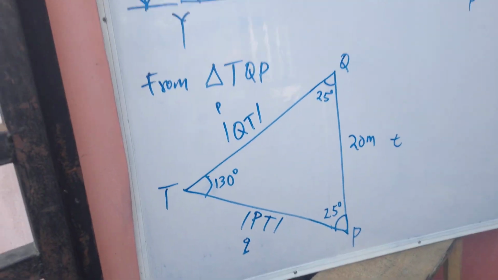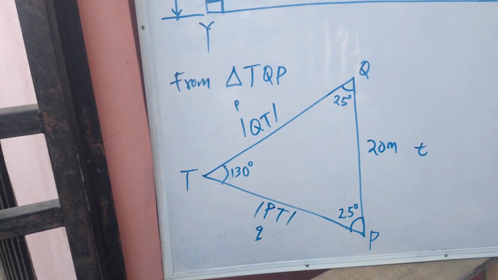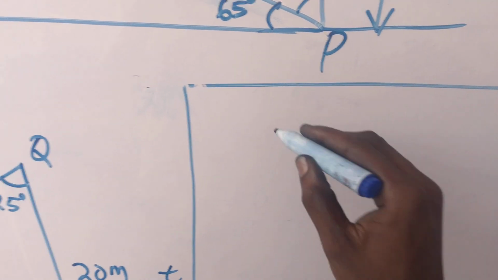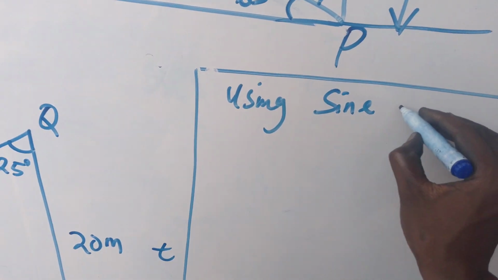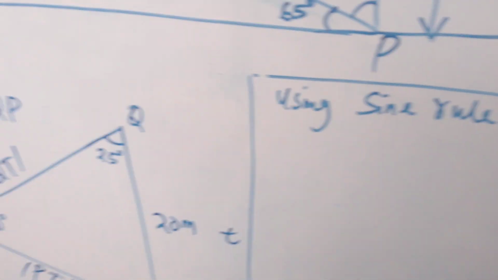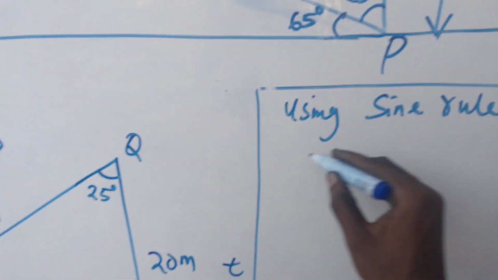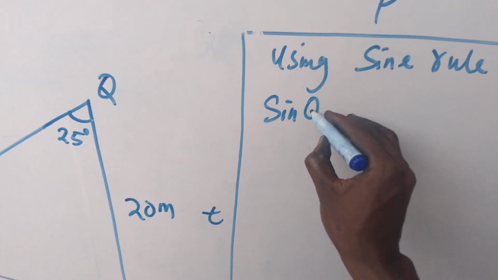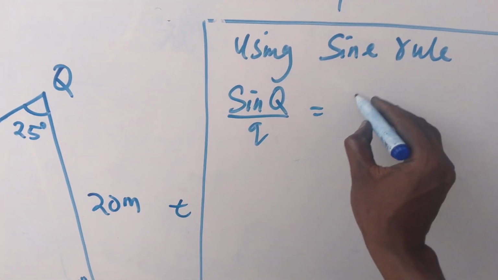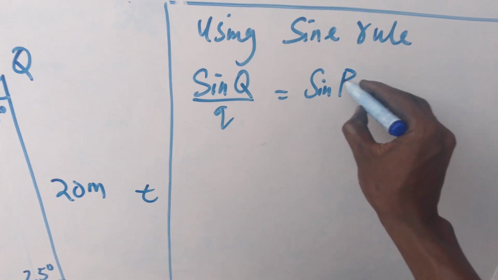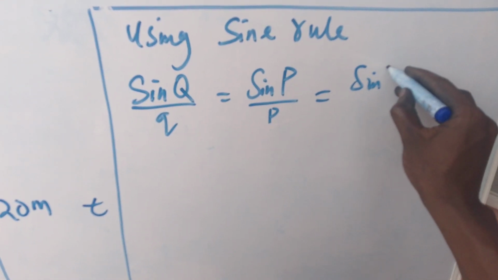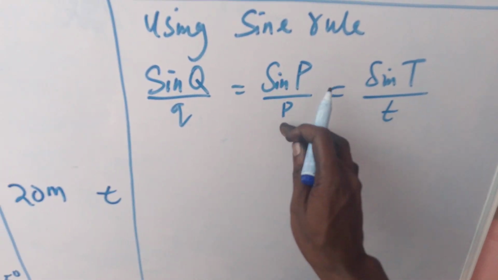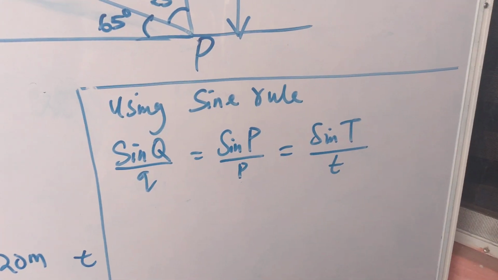So we can then apply the sine rule to this diagram. I'll have sine Q over small q equals sine P over small p equals sine T over small t. So let's do that now.